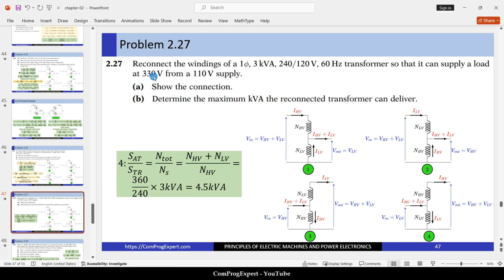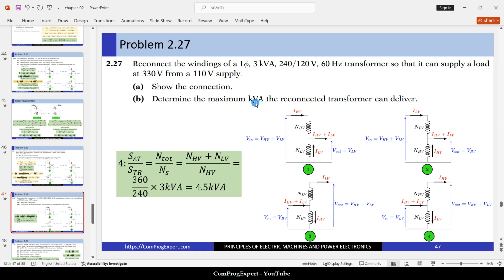This is higher than the required voltage, so the connection is okay. The supply is also 110, which is lower than the rated value, so we can connect this supply to this coil. If this were higher than 120, it would not be possible, because it would be higher than the voltage this coil can tolerate. So connection 4 is possible.